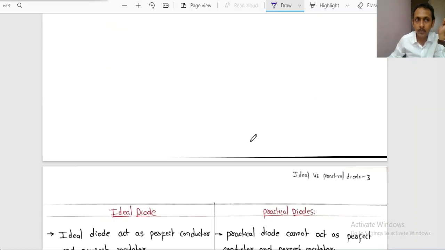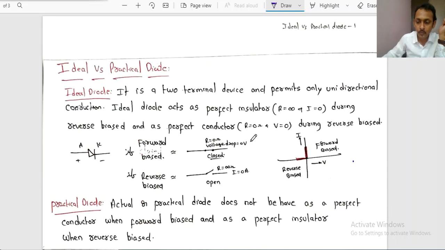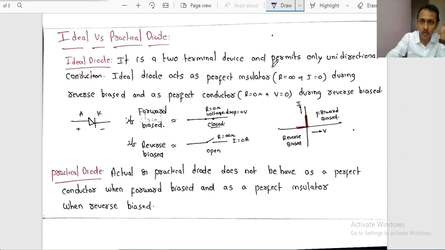Right now, dear students, please observe, an ideal diode is nothing but a two terminal device, but it permits only unidirectional conduction. How do you understand that?